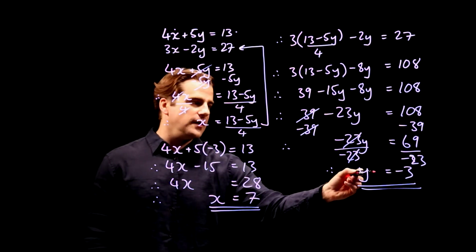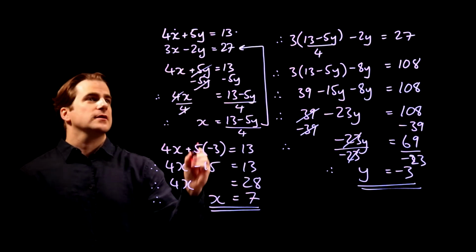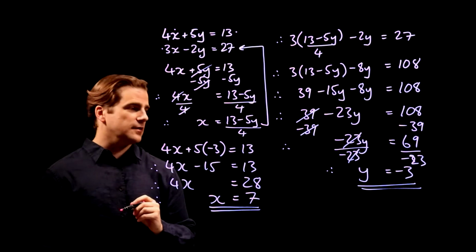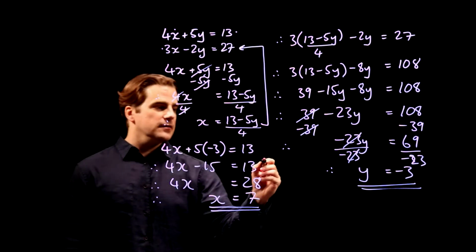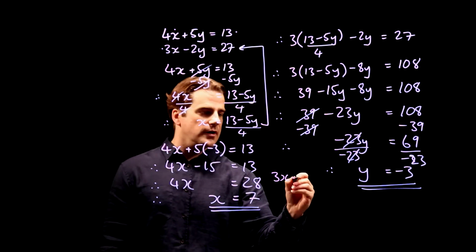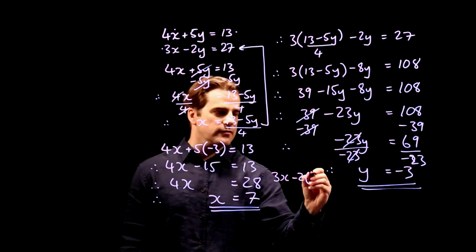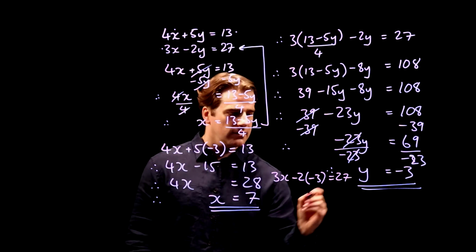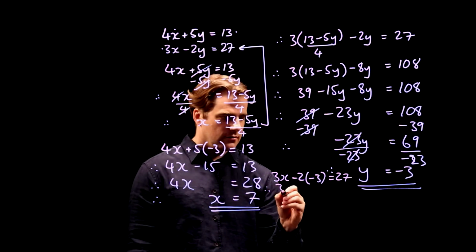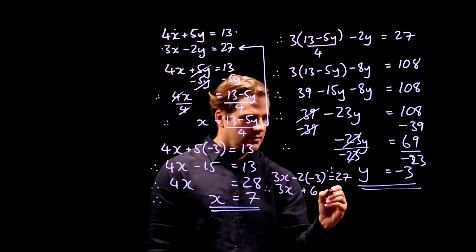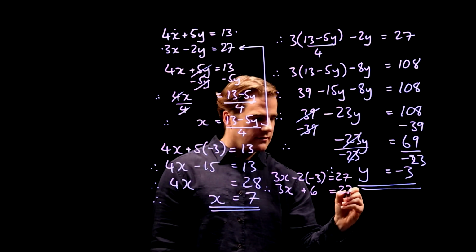We could have put the y into this equation if we wanted. Let's just quickly do that and I'll show you get the same thing. So 3x minus 2 times y, which is minus 3, is 27. Therefore, 3x minus 2 times minus 3 is plus 6, equals 27.